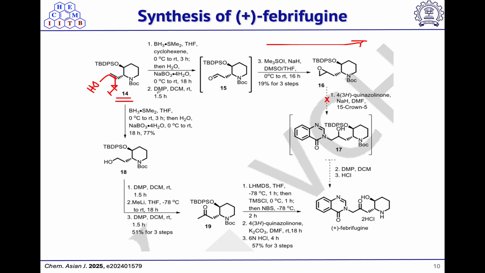Now the second step is DMP in DCM. DMP is Dess-Martin periodinane, the oxidizing agent. It will oxidize this primary alcohol to an aldehyde, right? So this aldehyde will form. This is compound 15.